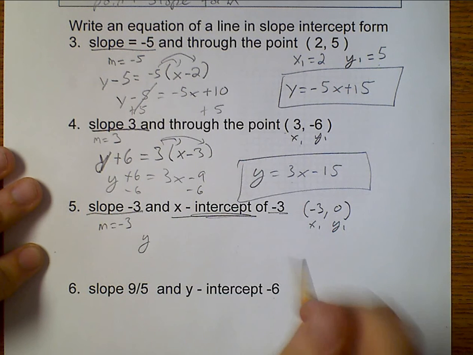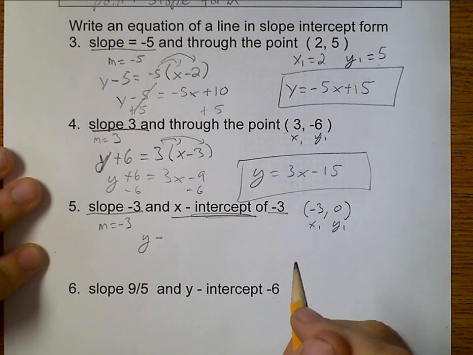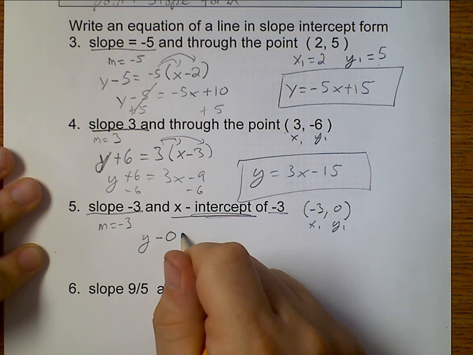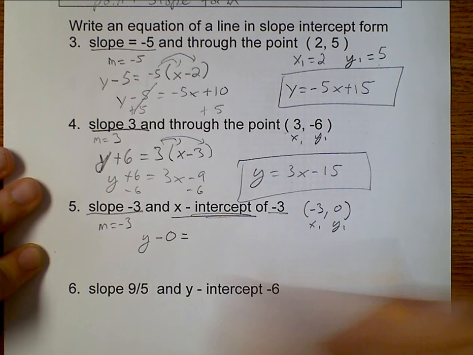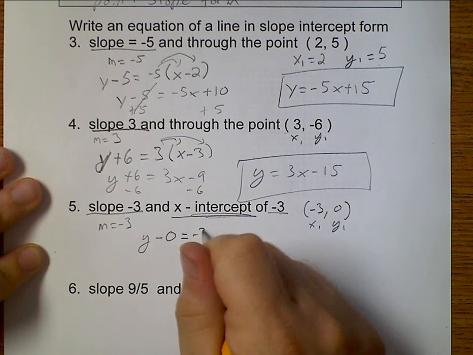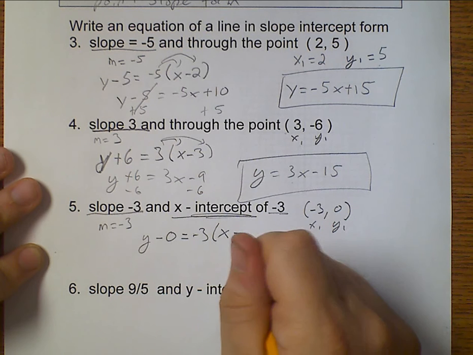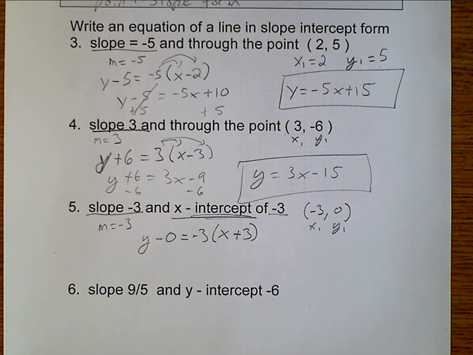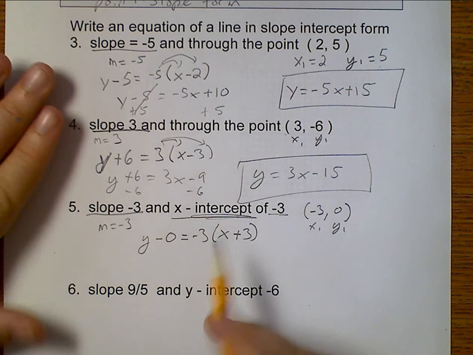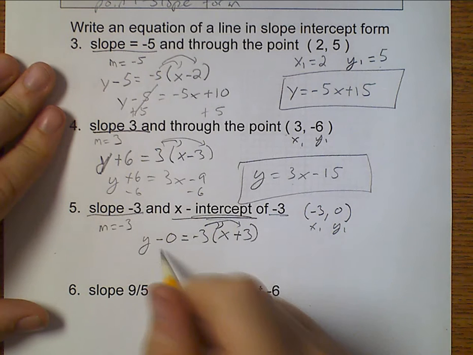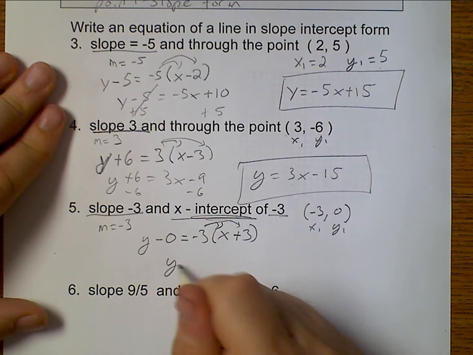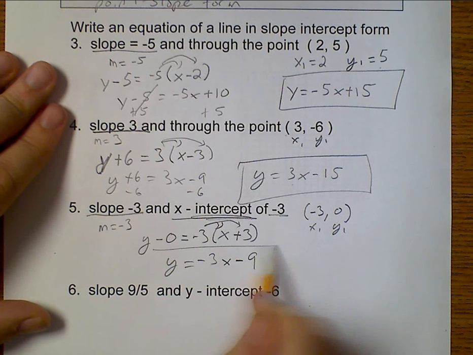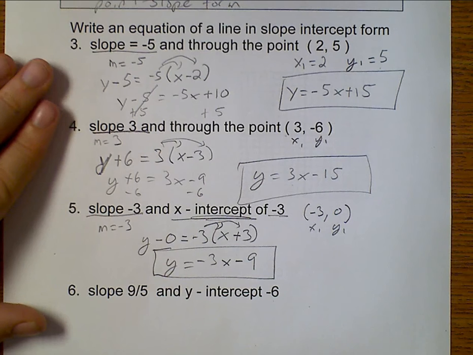Y minus 0 equals my slope, negative 3 times x plus 3, because minus a negative is really plus. Now I just distribute the negative 3. y minus 0 is just y. So this equals negative 3x minus 9. There we go.